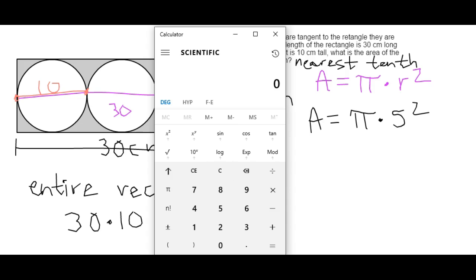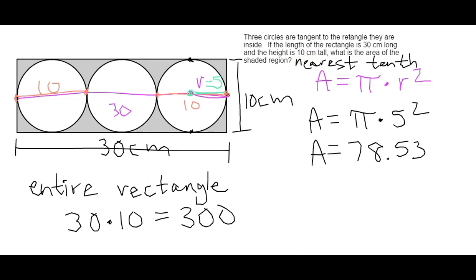It's usually best to use the pi button, so we would have pi times 5 squared, which would equal 78.53. We are going to round eventually, but we don't want to round yet, so I'm going to keep using the 78.53. We don't want to actually round until our final answer.